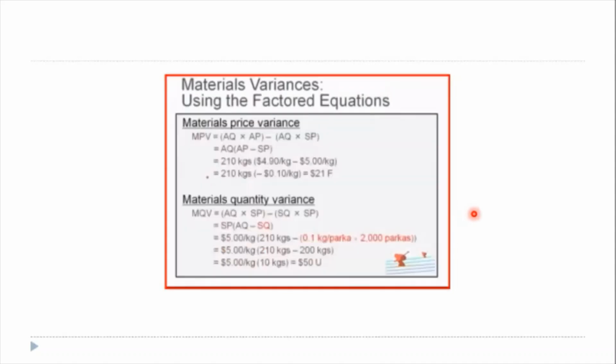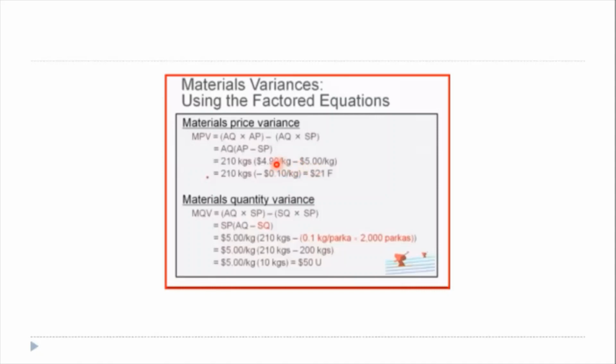Okay, let's look at it with the formulas. We can use the formulas that we had there. The material price variance: the actual quantity, multiply by the actual price minus the standard price. So it will be 210, multiply by 4.90 minus $5.